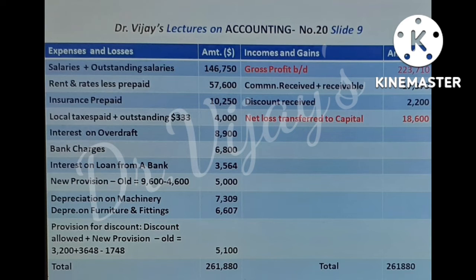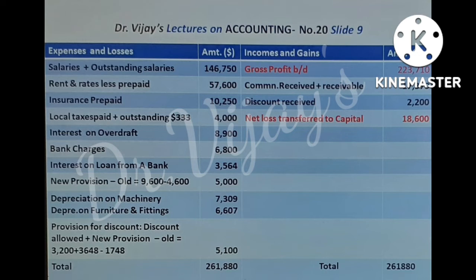To salaries plus outstanding, rent minus rent prepaid, electric charges of office, general expenses, interest on loan plus interest due, provision for doubtful debts. Under that, bad debts plus new provision minus old provision. Bad debts means 4,600 shown as the balance in the trial balance plus 6,000 additional. Now next is depreciation of furniture and fittings, depreciation of motor vehicles, and finally depreciation of tools and equipment.